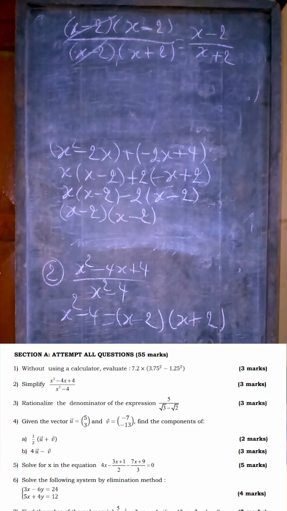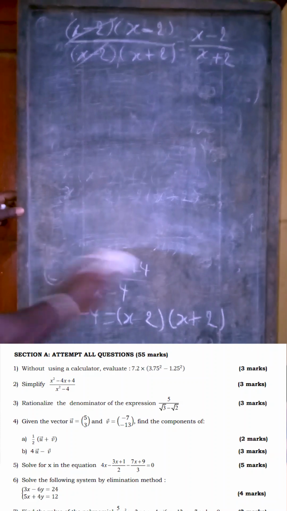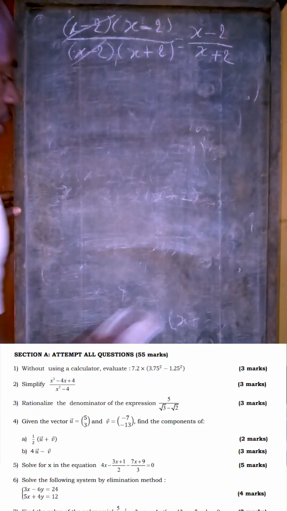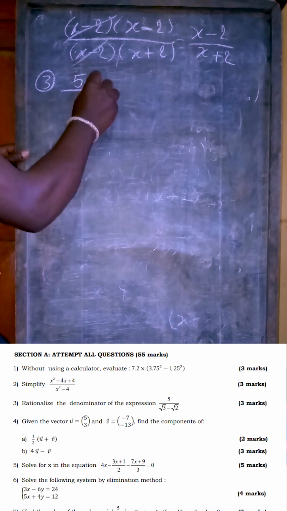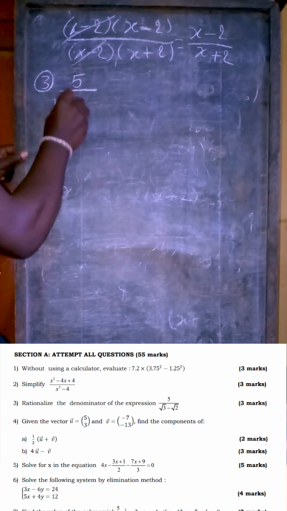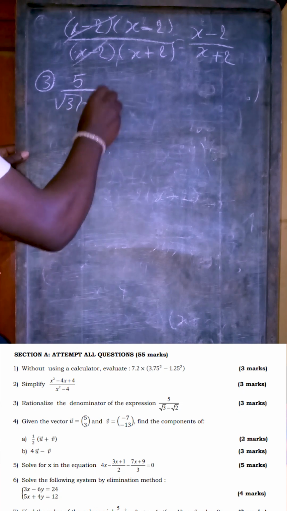And this is question number 2. Let us go to question number 3 very fast. Question number 3 is about rationalizing the denominator. We have to rationalize 5 over square root of 3 minus the square root of 2.